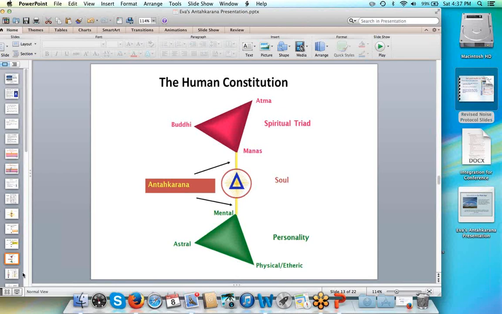So, okay, we're looking here again at the personality, which consists of, as I said, physical, etheric, astral, and mental. And you want to build the lower Antahkarana to the soul. And why is the soul in a triangle? Because the soul is intelligence, it is love, it is will. It's omniscient, omnipresent, and omnipotent.